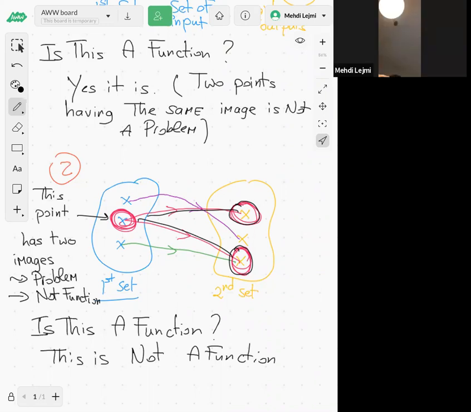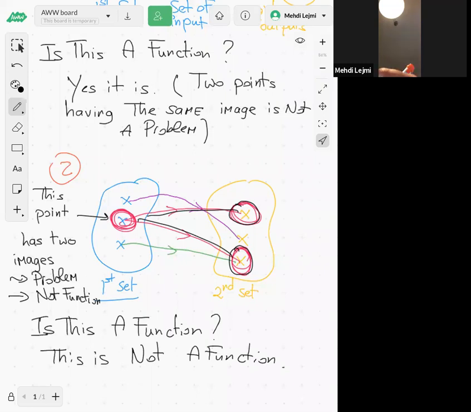So that's the idea. Whenever you have an input which has more than one image, like 2 images or 3, all right, then that's not a function, right?